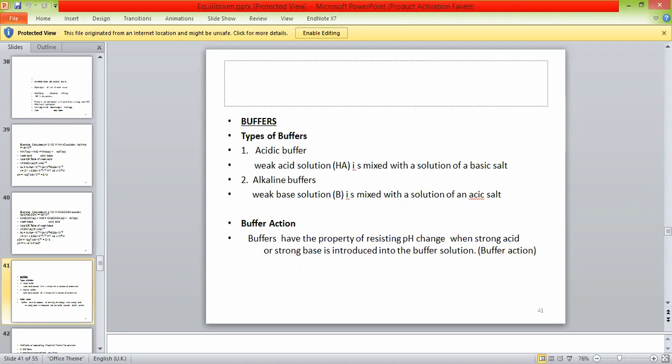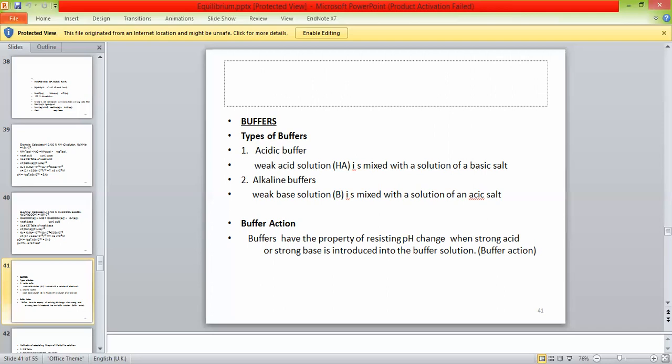A buffer is a solution made from a strong acid and a weak base, or a strong base and a weak acid, that resists change in pH. That's what a buffer is.